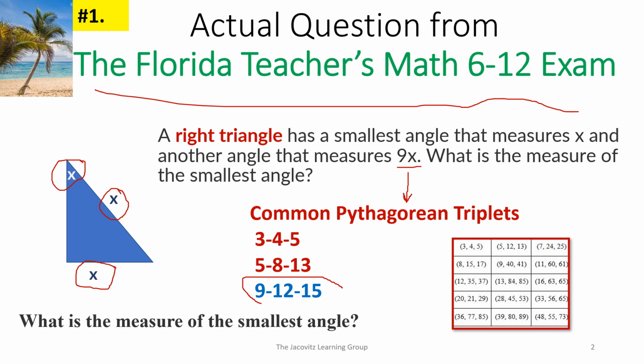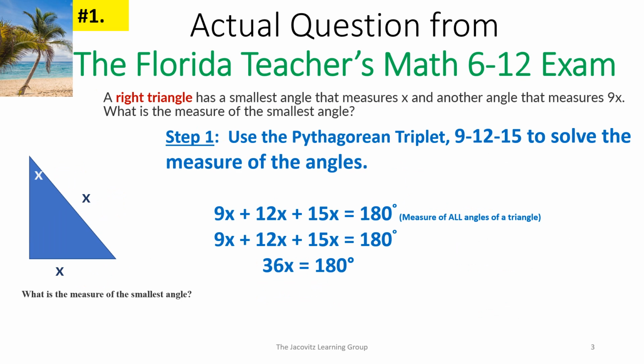And I put this in blue because this is the one we're going to use. And when you look at this, as we do on the next slide, you set them up: 9x plus 12x plus 15x equals 180, because 180 is the measure of all of these angles.